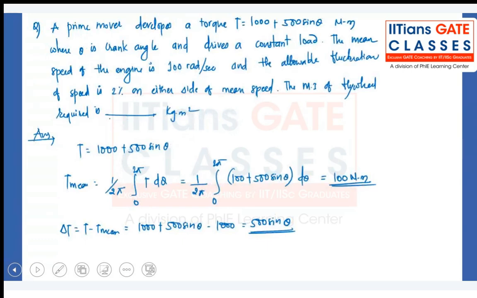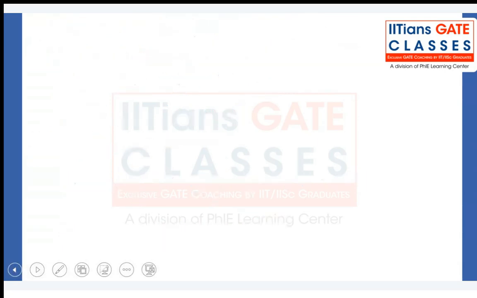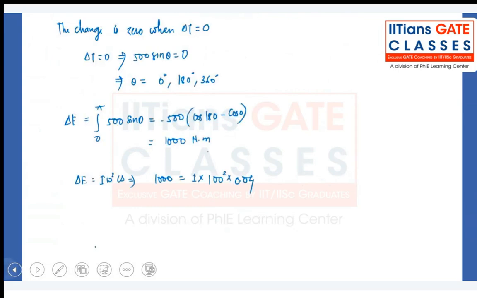You can clearly see they have written here the mean speed of the engine is 100 radian per second and an allowable fluctuation is 2% on either side, either positive or negative. So CS is 0.04. Positive side 0.02, negative side 0.02, so total 0.04. Okay.